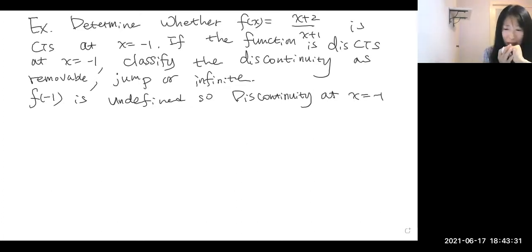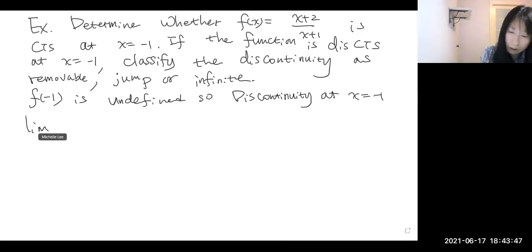What do you think? Infinity. Infinity, right? So then we have to show that the limit approaches positive infinity or negative infinity. So let us do that.